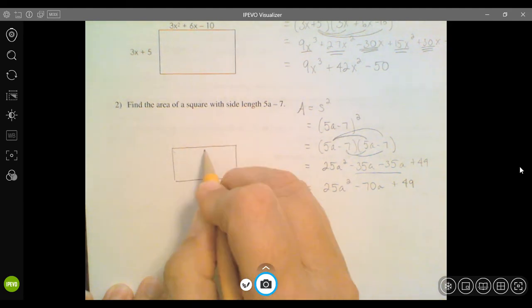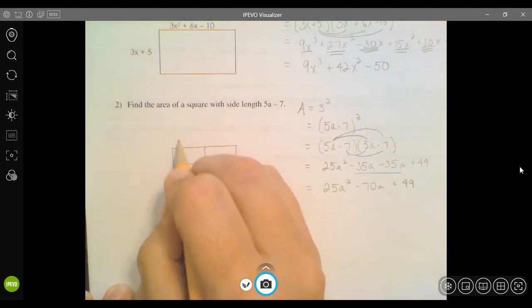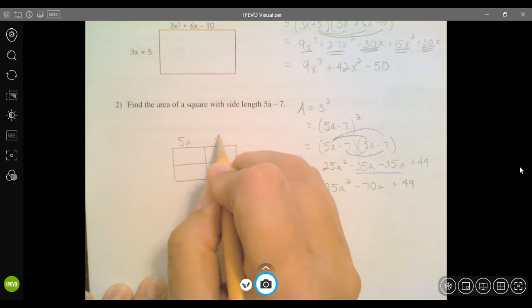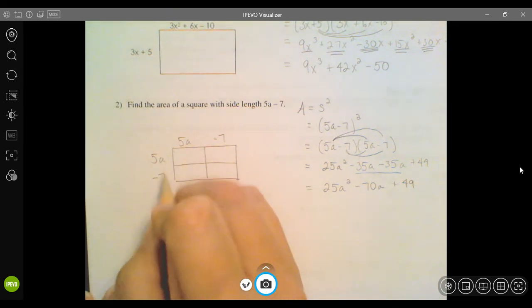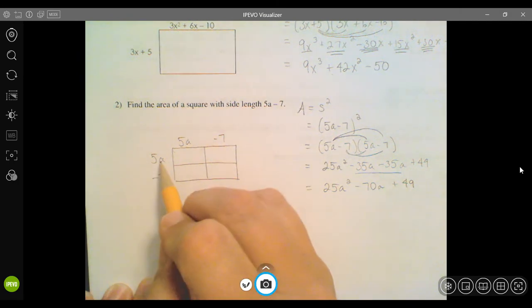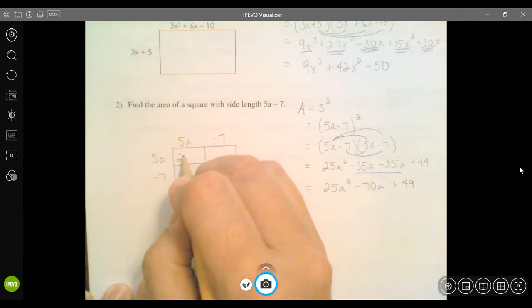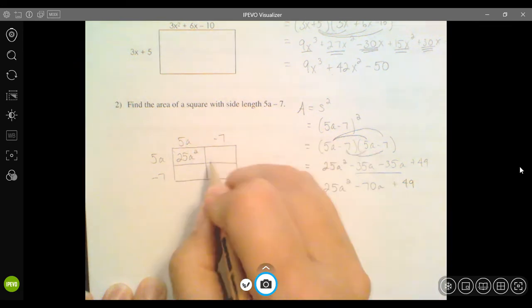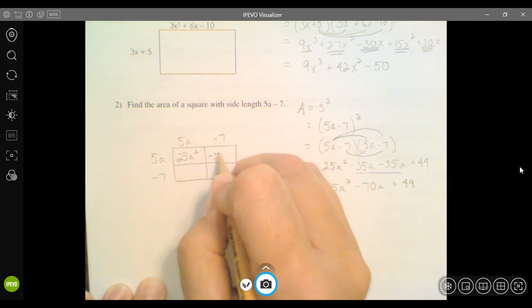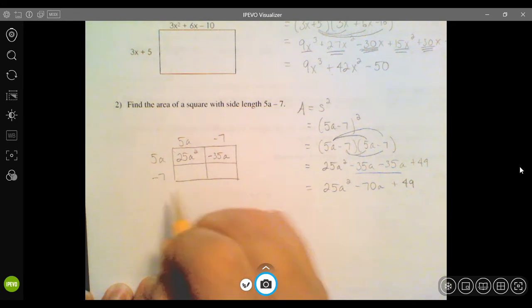So we're going to take 5a minus 7 times 5a minus 7. 5a times 5a is 25a squared. 5a times negative 7 is negative 35a.